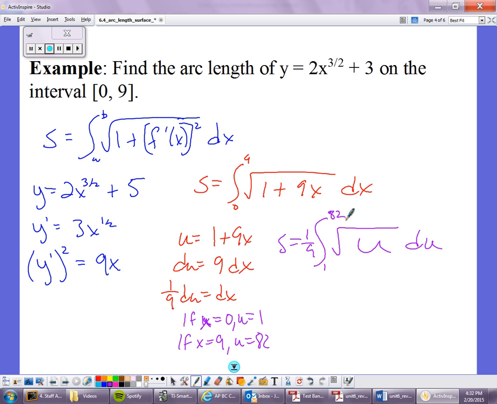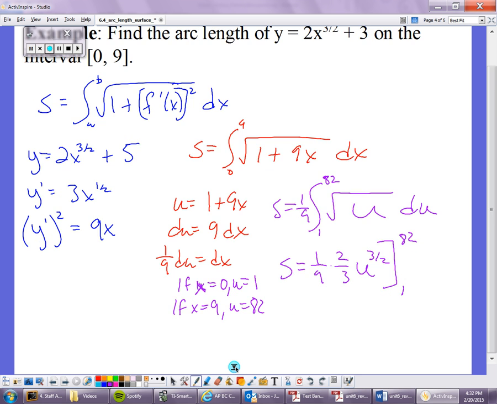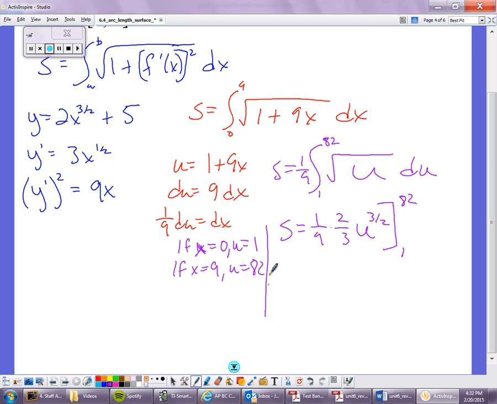Pretty straightforward now. We've got s equals 1/9 times, and this is u to the 1 half, so we need 2/3 u to the 3 halves, from 1 to 82. If I scroll down a little bit, I've got s equals 2 over 27 times 82 to the 3 halves minus 1 to the 3 halves.